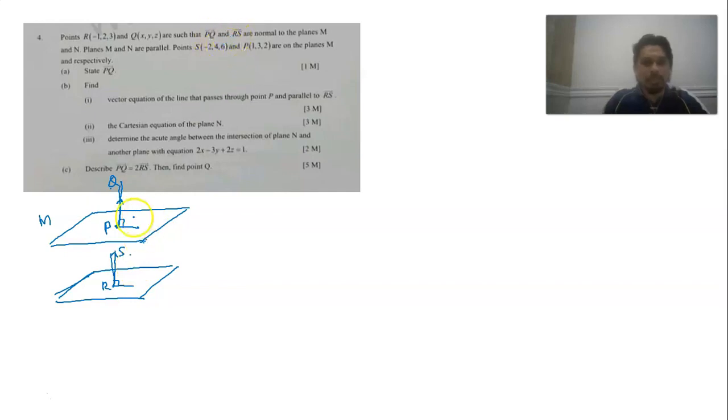PQ and RS are normal to the planes, and planes M and N are parallel. Points S and P are on the planes M and N respectively. S and P is just a symbol, so you just follow what is mentioned in the question.